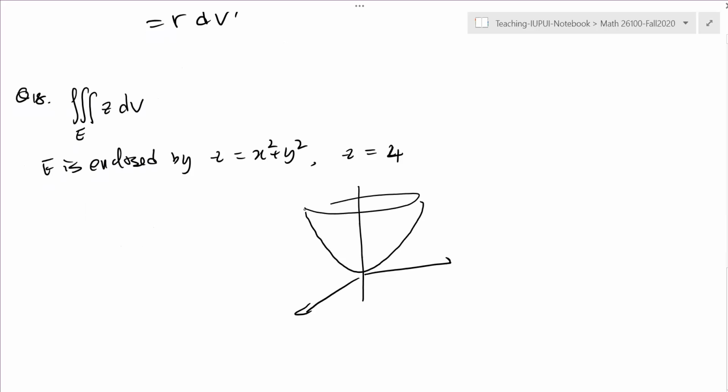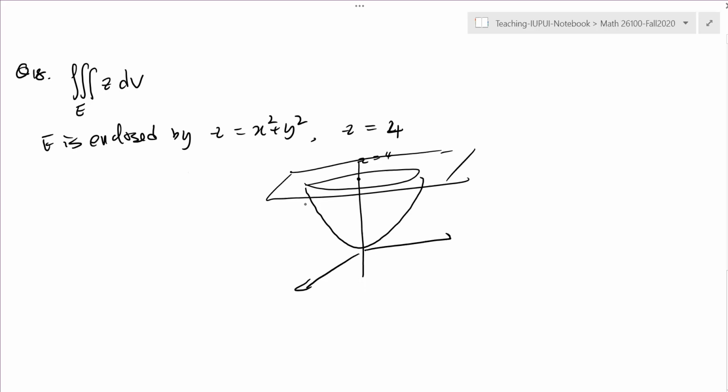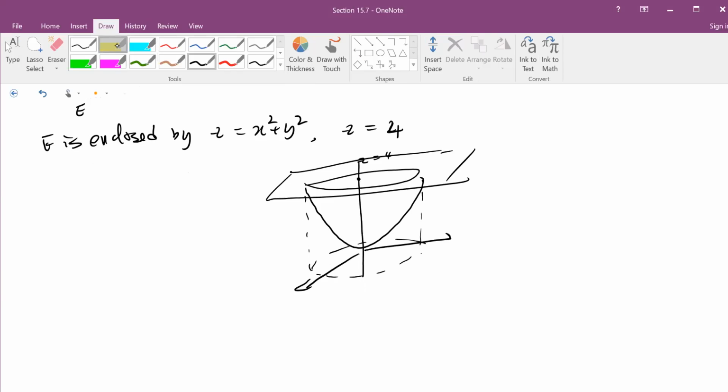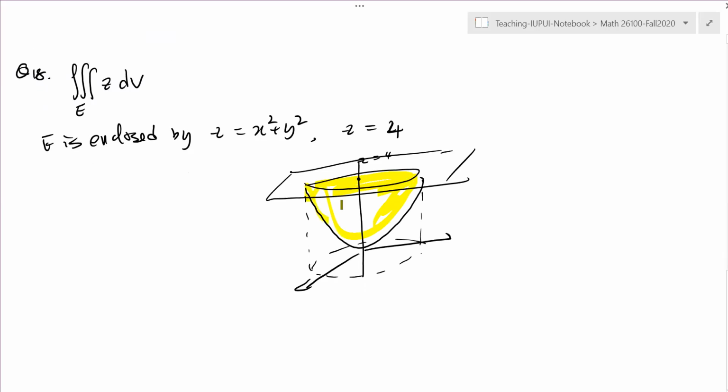This is the surface, and here z equals 4 is a plane. So this is the solid inside. It's a portion of the cylinder because when you extend it, this is just a portion of the cylinder. Let's color this solid, it's going to be inside like this.